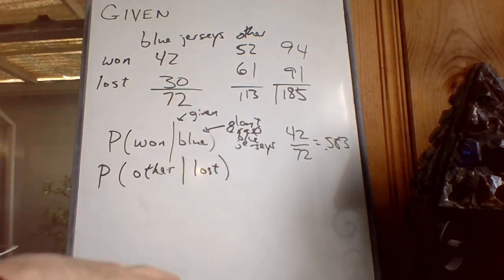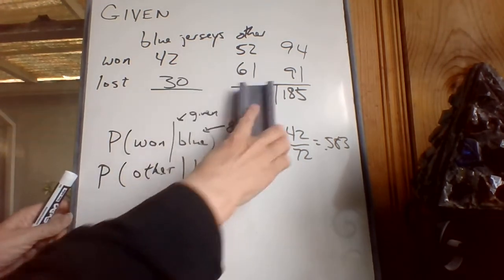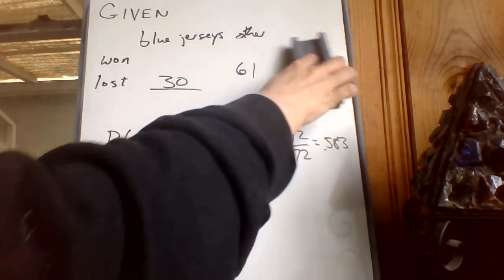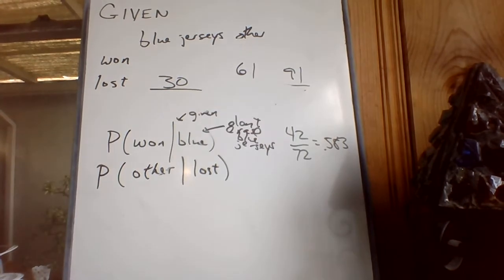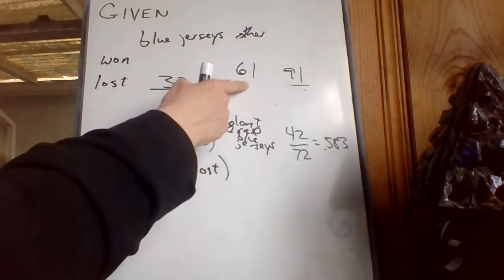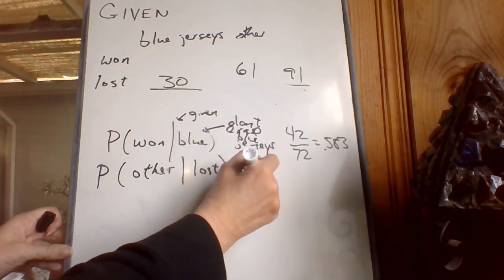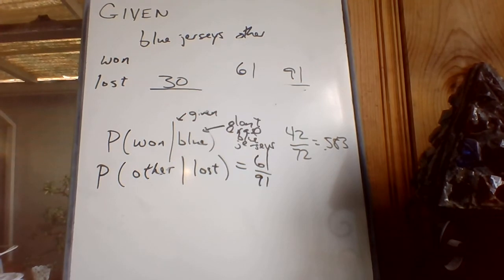Don't erase those. 30, the 61, the 91, don't erase those. There we are. Okay, now I'll read the rest of the question. Other. That's that one. 61 out of 91. Once you've finished erasing, you don't have that many numbers to work with, so it's going to be easier to figure out which ones to use. All right, and that's like 0.67.